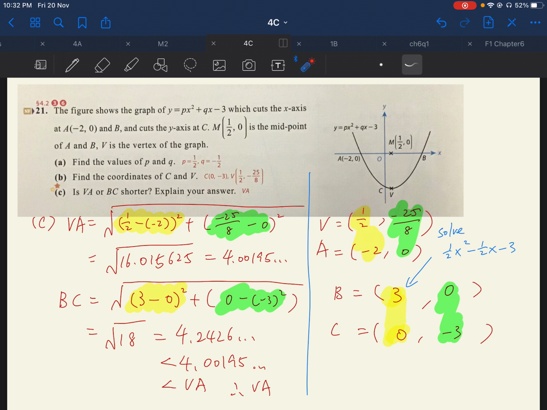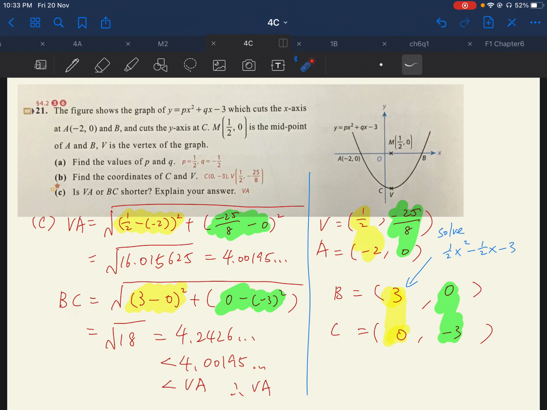So a half subtracted by negative 2, plus negative 25 over 8 subtracted by 0, and then square. I get this number from the calculator. I suggest you copy everything, then take the square root and write a few digits out.